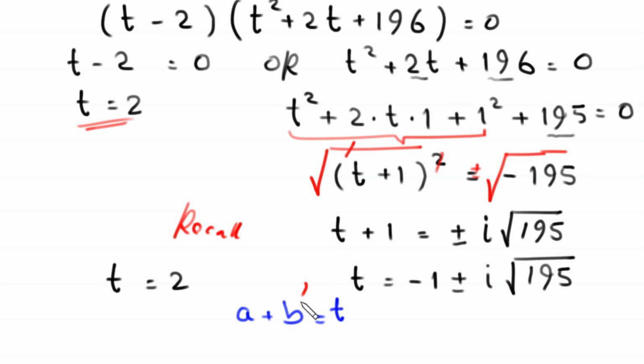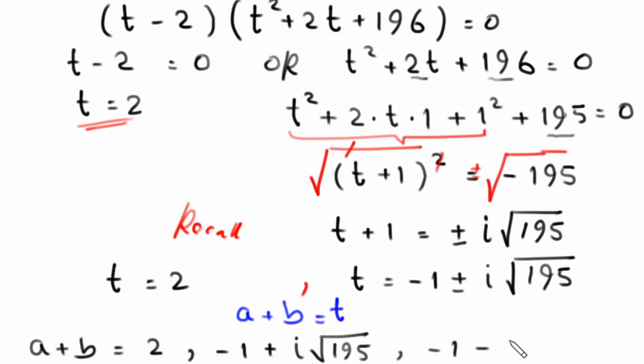So we get three values for a plus b. a plus b is equal to 2 and negative 1 plus i times root 195 and negative 1 minus i times root 195. These are the three solutions for this equation.